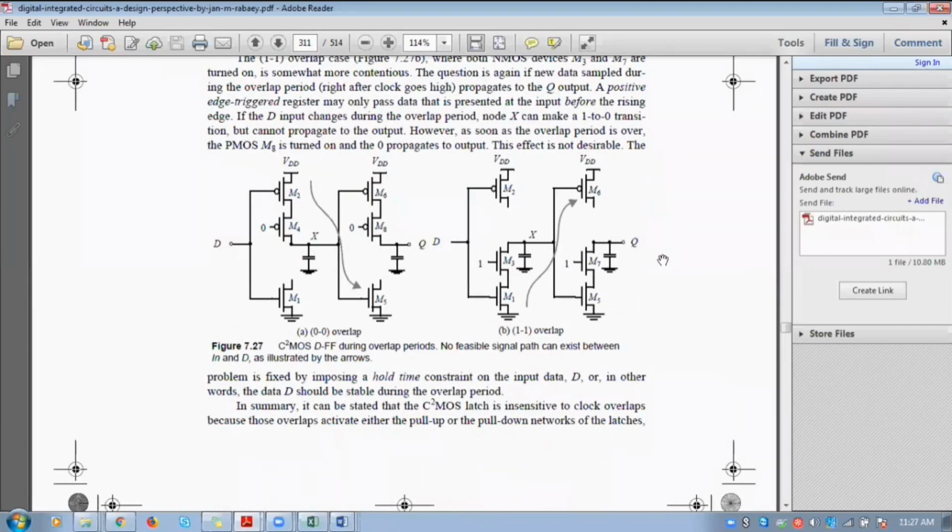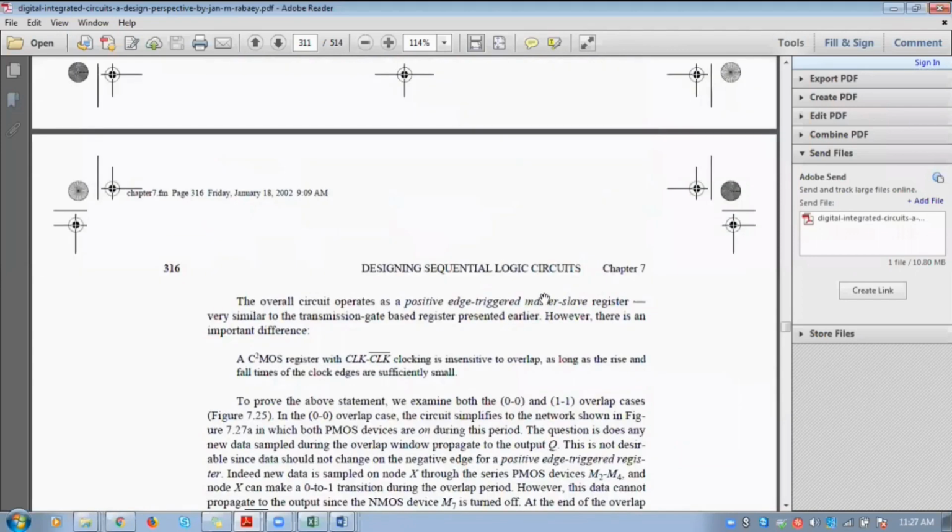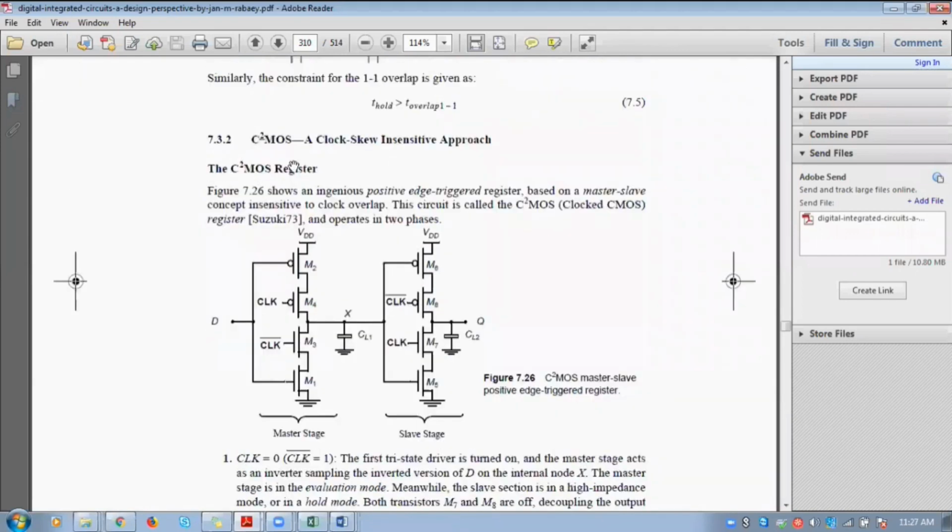So D to Q, there is no direct connection. So you can conclude that in this C squared MOS there is no 0, 0 and 1, 1 overlap happening. So we have overcome these race conditions in C squared MOS by using this particular design.